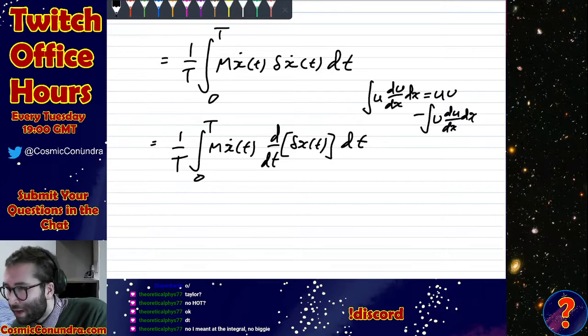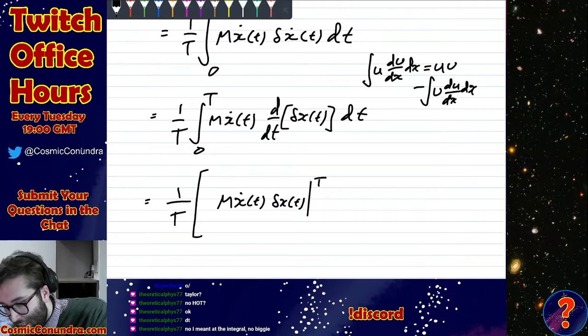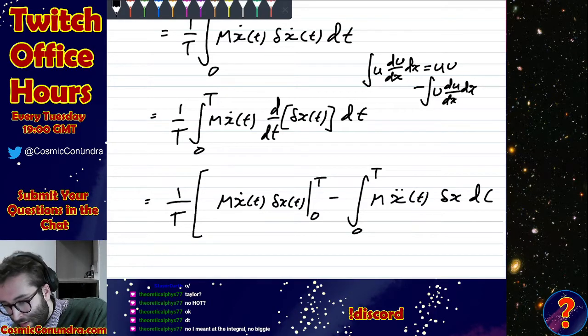So if you apply this integration by parts formula, you can turn this integral into m x dot(t) delta x(t) evaluated at big T and 0, minus the integral between 0 and T of m x double dot(t) times delta x, all integrated with respect to t.